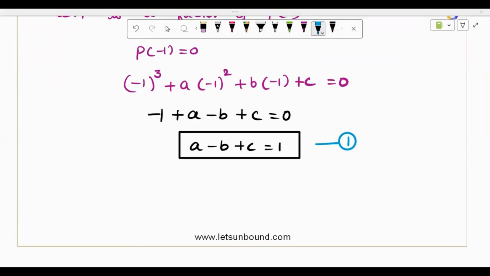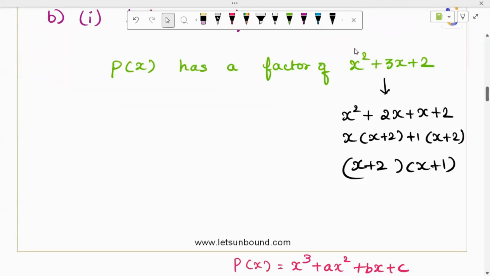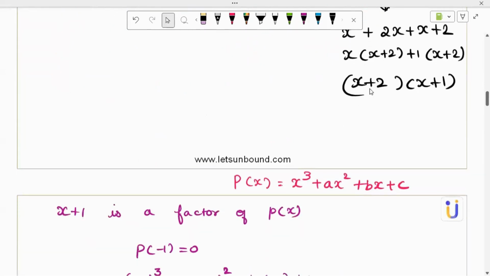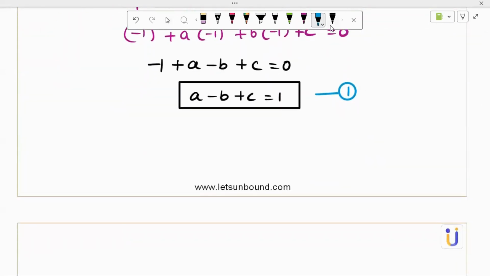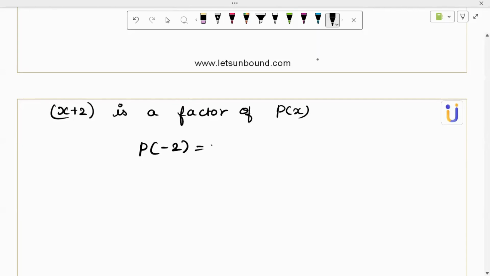And next, P of x has a factor of this, right? So x plus 2 is also a factor. Then if x plus 2 is a factor, P of minus 2 equals 0, by the factor theorem.